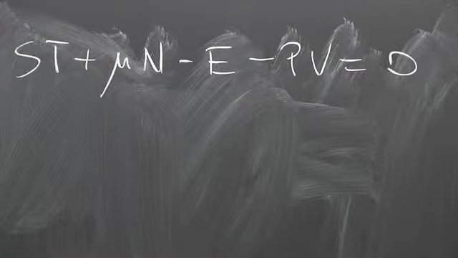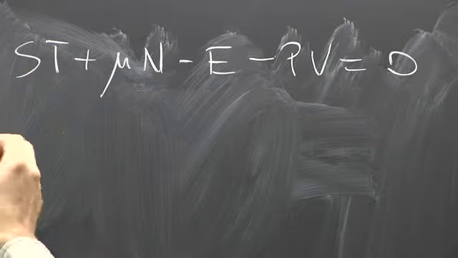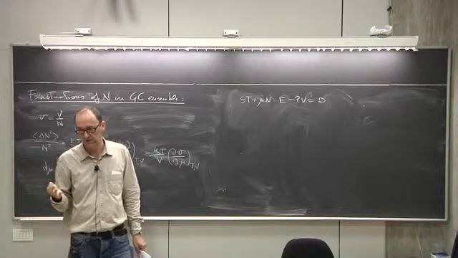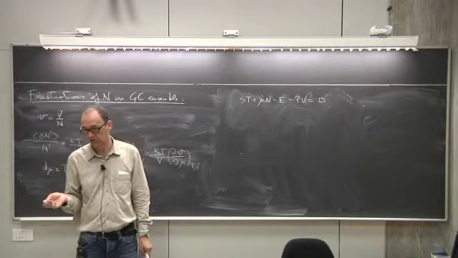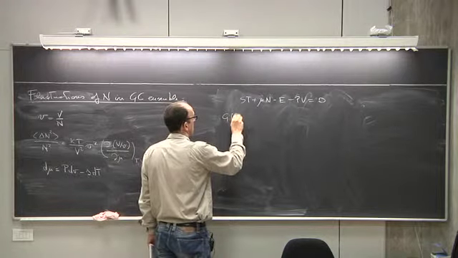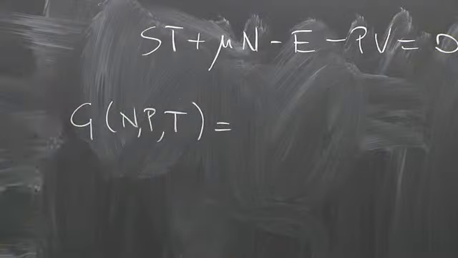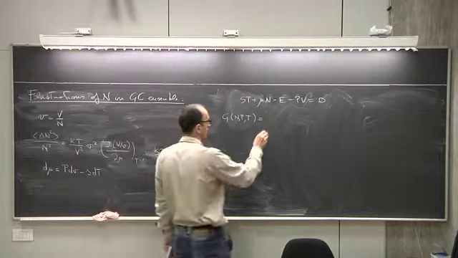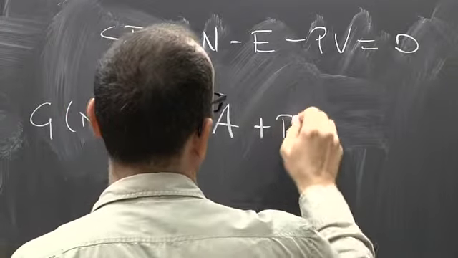Now, if you want to describe a system in terms of the variables, so if you want to find the thermodynamic potential at fixed pressure, number of particles, and temperature, it is the Gibbs potential. So what you have to do is a Legendre transform, right? In a Legendre transform, you have to take the free energy, the Helmholtz free energy, A, and to this you have to add PV.